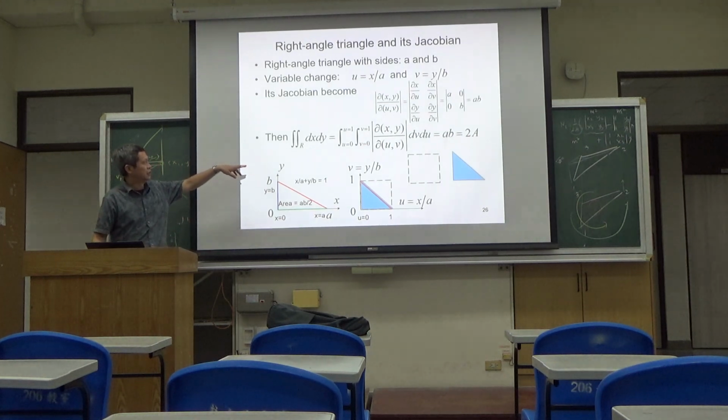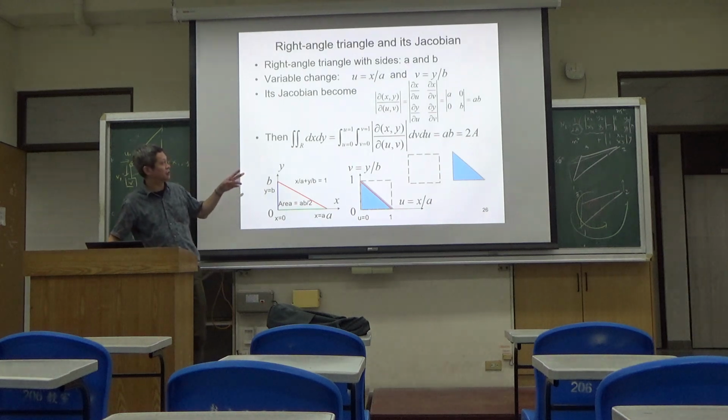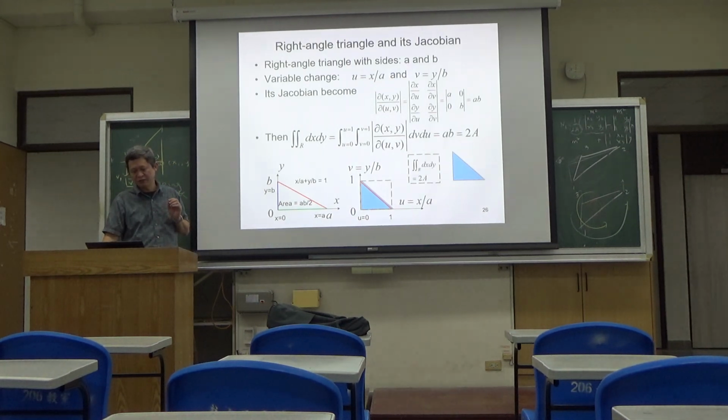And furthermore, the integrations dx dy, and integration over dv du times the Jacobian will give you the same area. So that's the basis why we need to do this, okay?